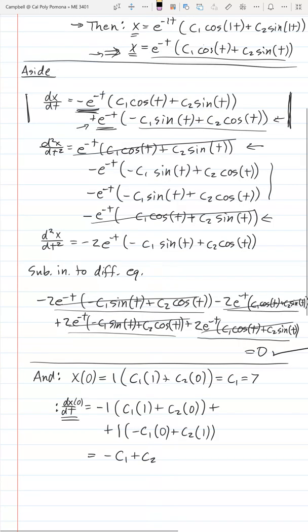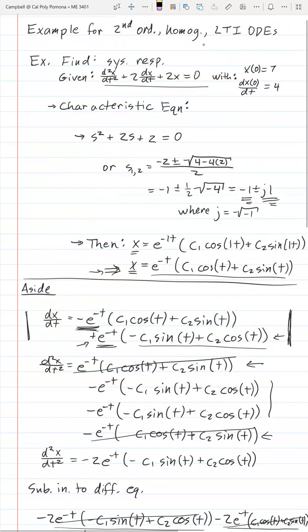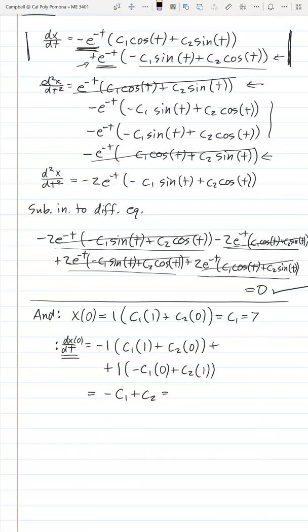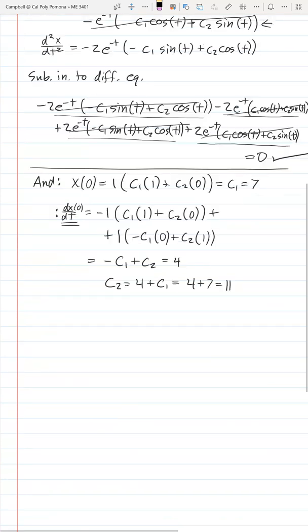So going back up, the initial value of the derivative was 4. So setting that equal to 4, we quickly see that C2 is equal to 4 plus C1, and that is equal to 4 plus 7, since we already found C1, and that's 11.